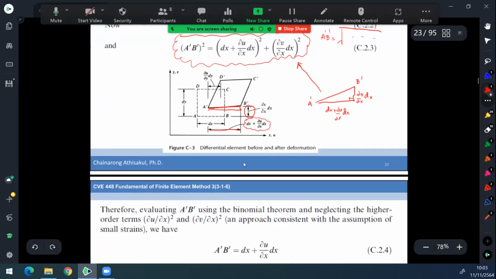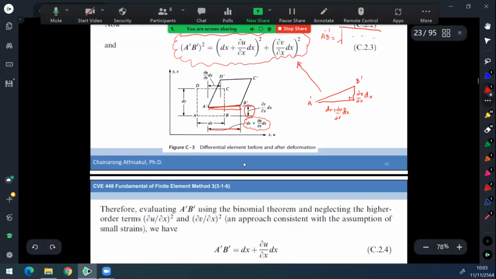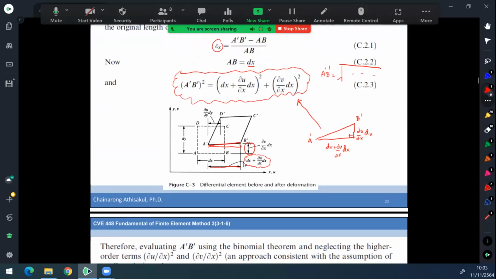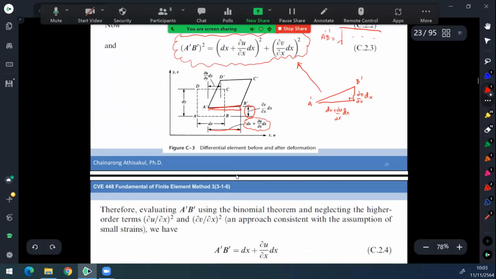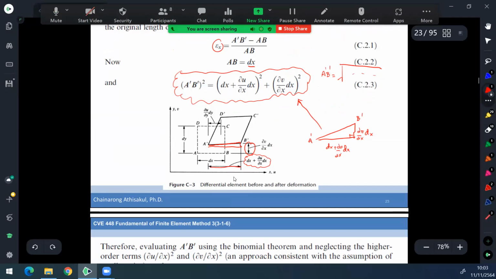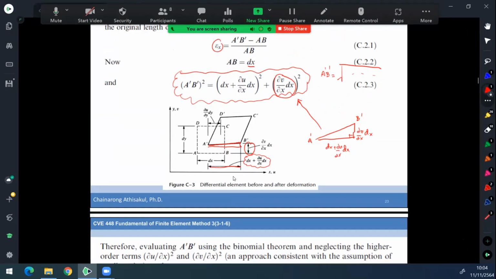For the small strain condition, it means that we will not consider the higher order term, the higher order term that is maybe included in this term. Okay. So the higher order term includes this term squared.